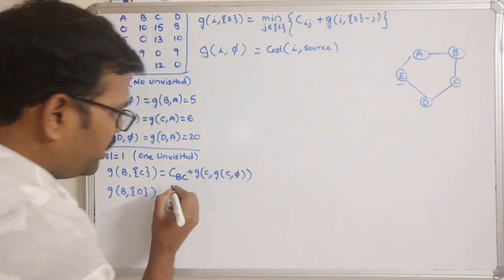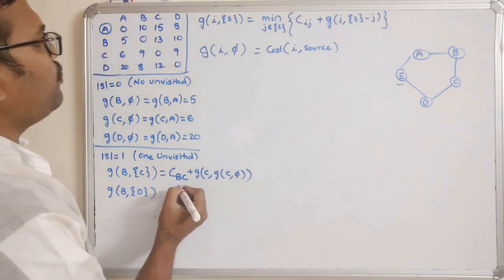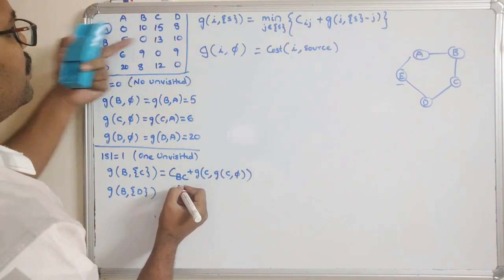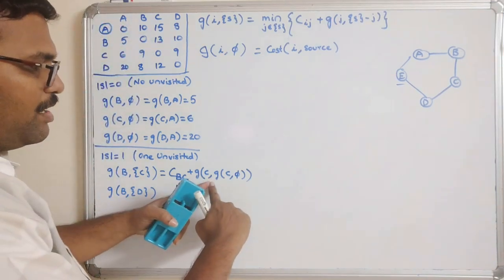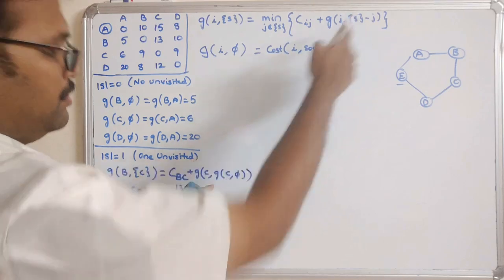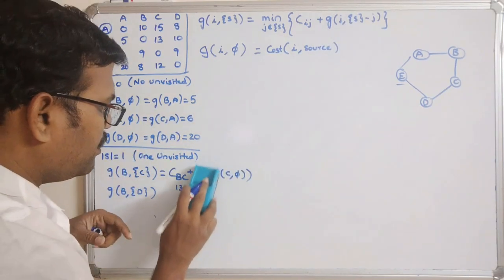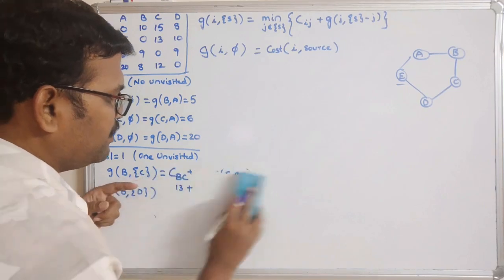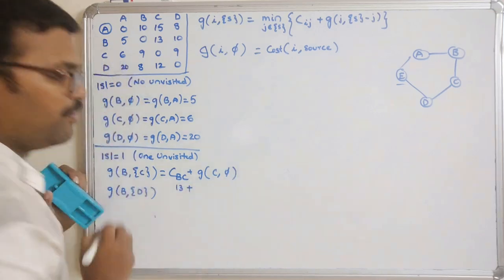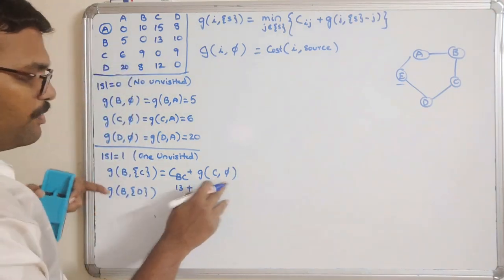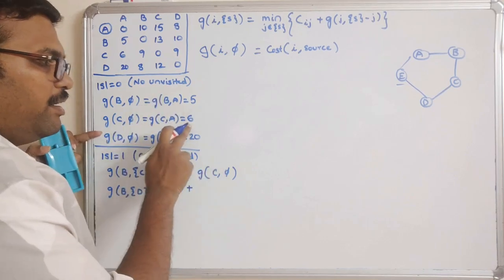Okay. So what is the cost here? C of BC, what is the BC cost? B to C is 13 plus G of C comma pi. Yes, this is the thing I had written wrong. So what is the value of this C pi? Already we have calculated it.